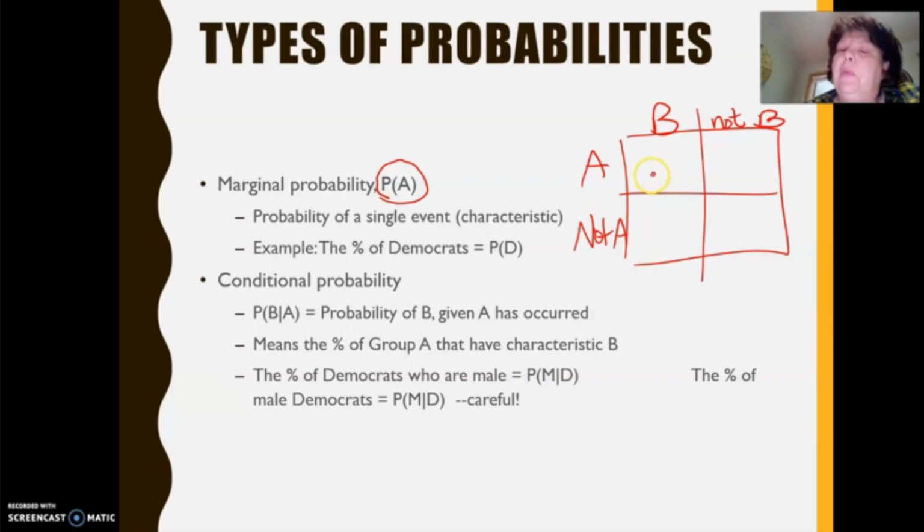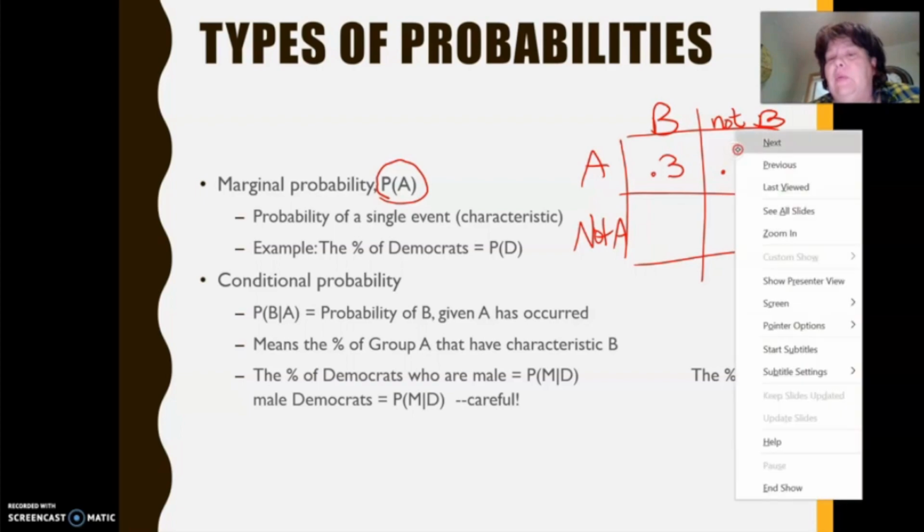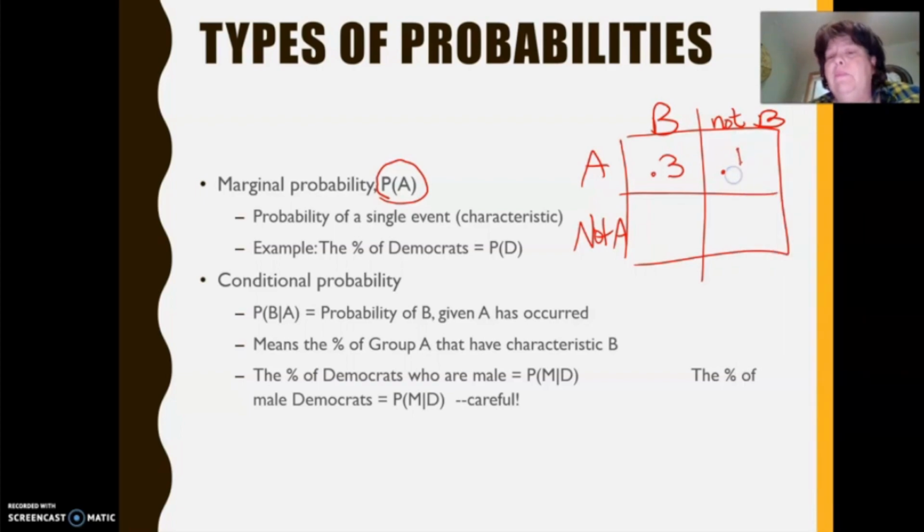So if you had like a 0.3 here for A and B, that's a joint probability because it's an AND probability. And then you had a joint probability for A and not B. Let's say that was 0.1. Probability of A would be 0.3 plus 0.1 is 0.4. And that would be a marginal probability because guess where it is? Out in the margin.